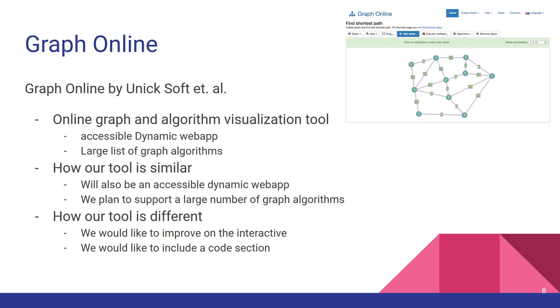Just remove as many paths or walls, if you will, from the user, so it's frictionless interaction. And as Eugene mentioned in our previously proposed features, we would like to incorporate this code panel where you could visualize programmatically how the graph and algorithm might be implemented in some code.